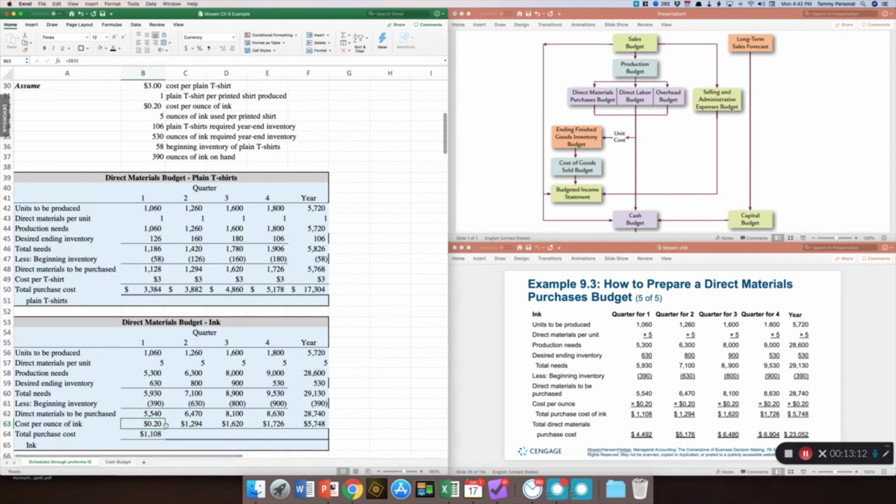And we are going to take that across. And then our purchase cost is going to be that times the amount of units of it, so it's at that 1108, and then drag that across, and there it is. Okay, so that's the cost for our ink.